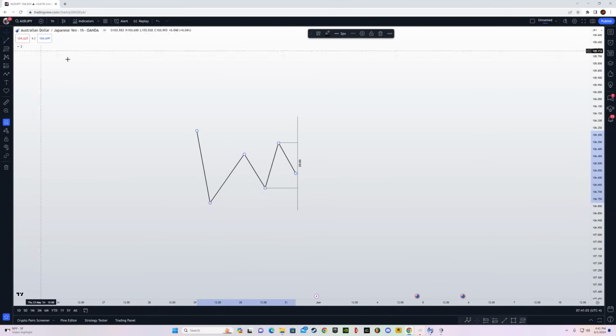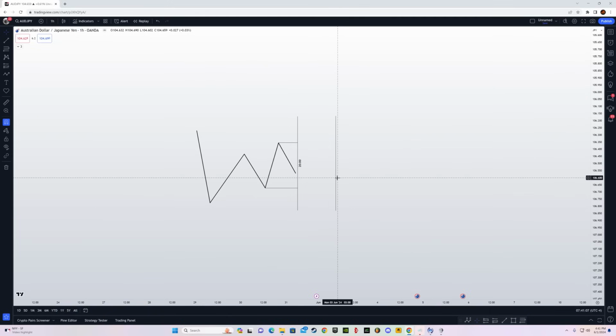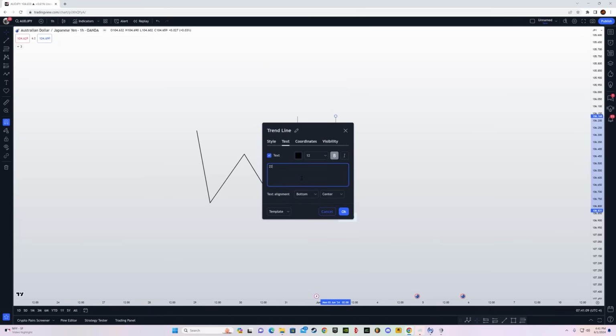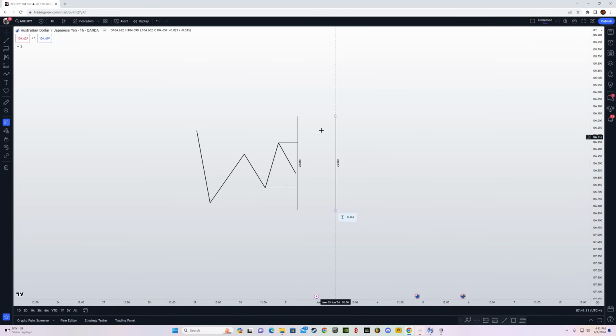Or in between 8 p.m. and 10 p.m. So this is the window period, and within this window period, you would be looking for price to take out the recent high or recent low on the 15-minute time frame.